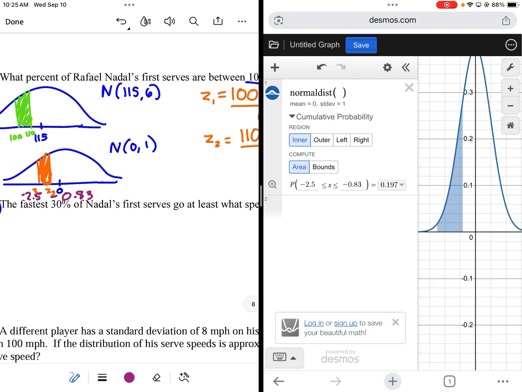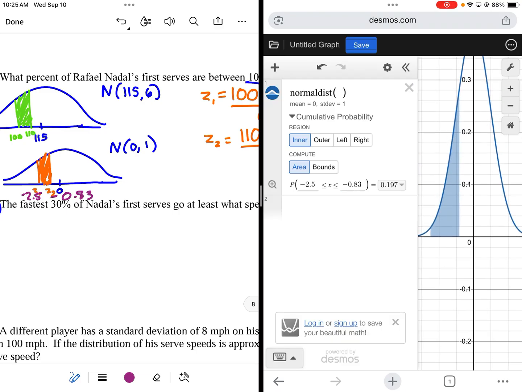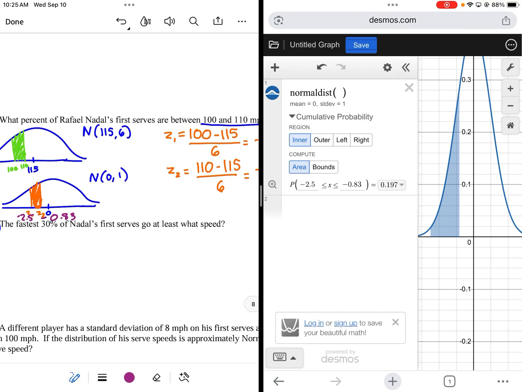And so it shades it for us in the spots that it is, and it also gives us a value. So whenever we did this using the calculator, we had to write inverse norm, we had to write lower, upper. Well, when you do this, all you have to do is write what we filled in, the blanks. So this is going to be all you need to write down.